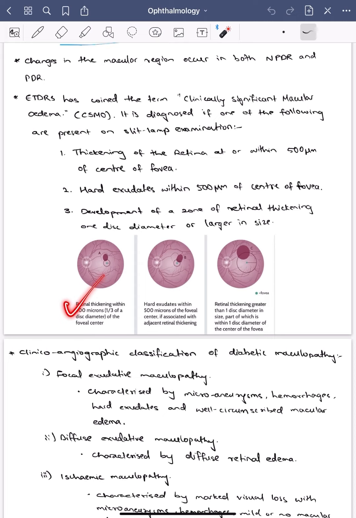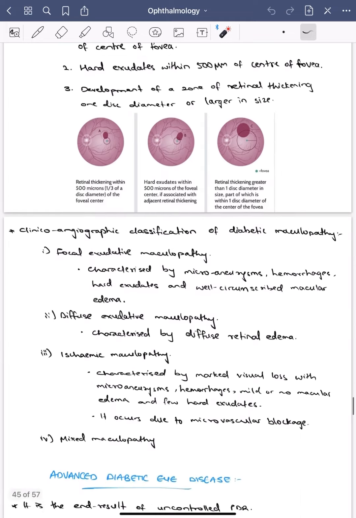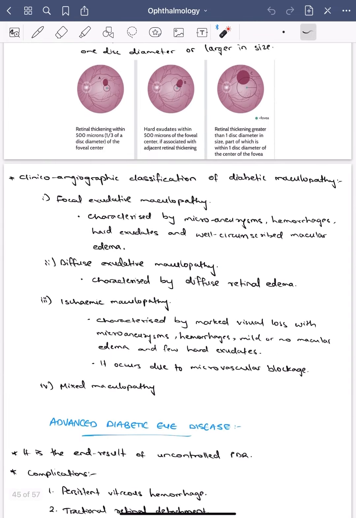The first is retinal thickening, and second is hard exudates within the 500 microns of the center of fovea, and the third is development of a zone of retinal thickening 1 disc diameter or larger in size, a part of which is present within 1 disc diameter of the center of fovea. Now the clinico-angiographic classification includes exudative, ischemic and mixed. Exudative is further classified as focal exudative and diffuse exudative.